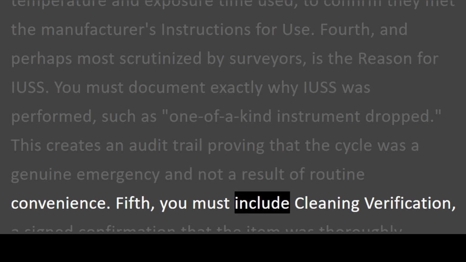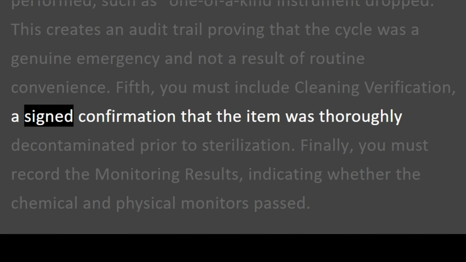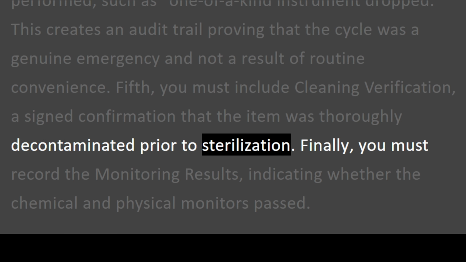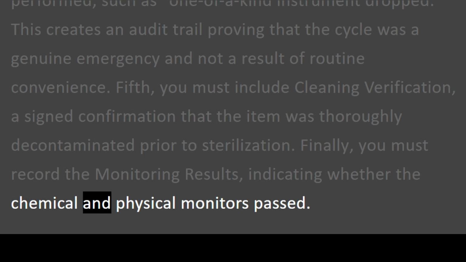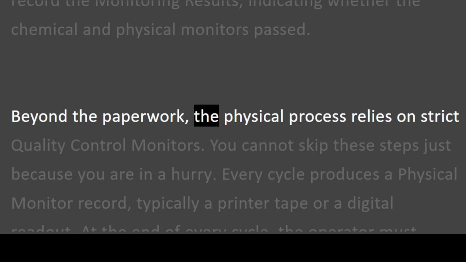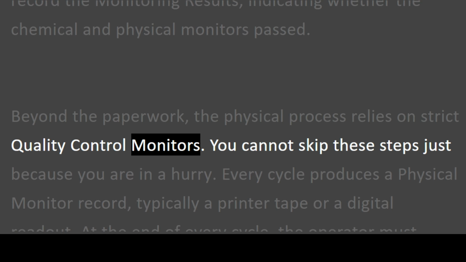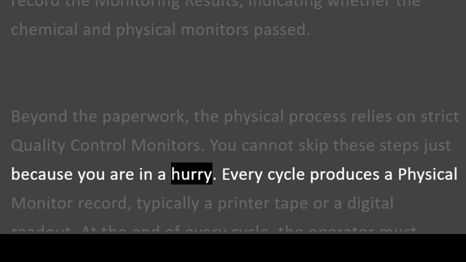Fifth, you must include cleaning verification, a signed confirmation that the item was thoroughly decontaminated prior to sterilization. Finally, you must record the monitoring results, indicating whether the chemical and physical monitors passed. Beyond the paperwork, the physical process relies on strict quality control monitors. You cannot skip these steps just because you are in a hurry.